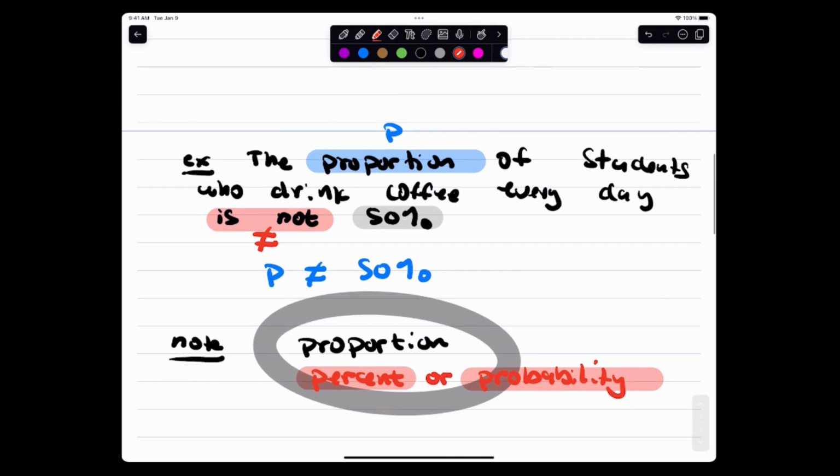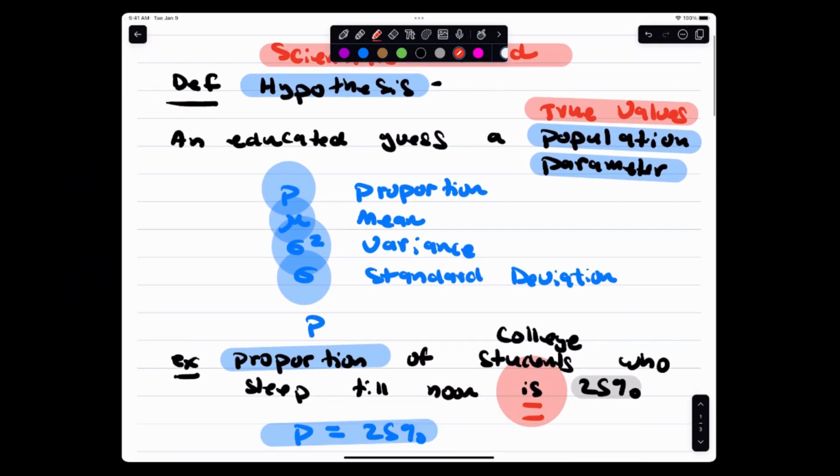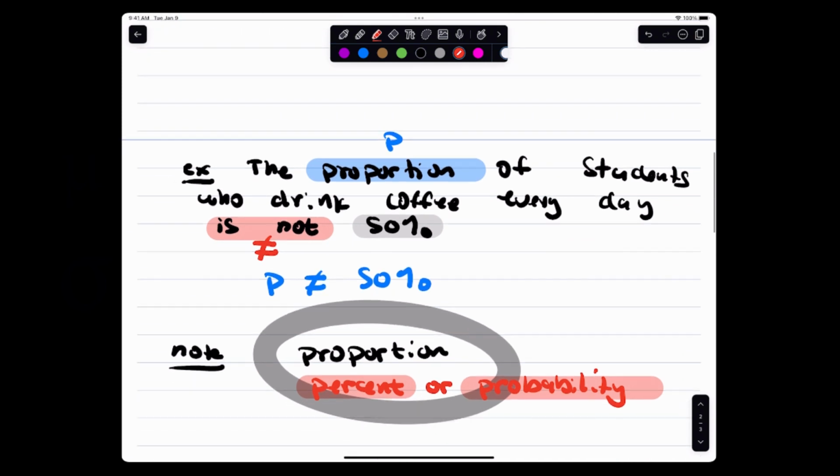Proportion, percent or probability. So ladies and gentlemen, there you go. You guys with me? All right.